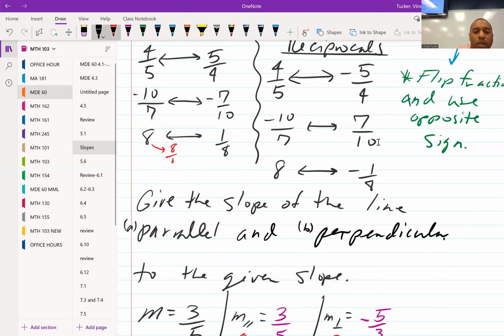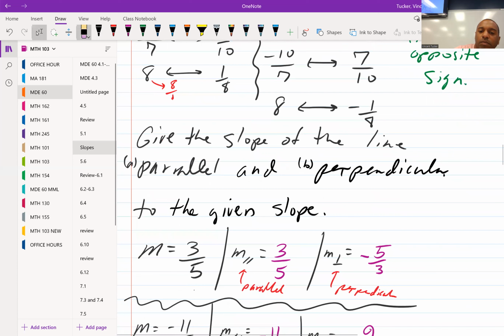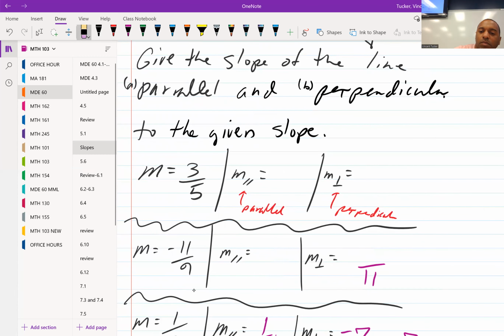So get the slope of the line parallel and perpendicular to the given slope. All right.